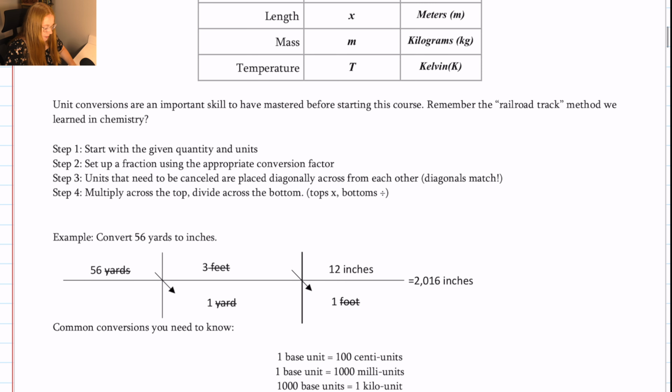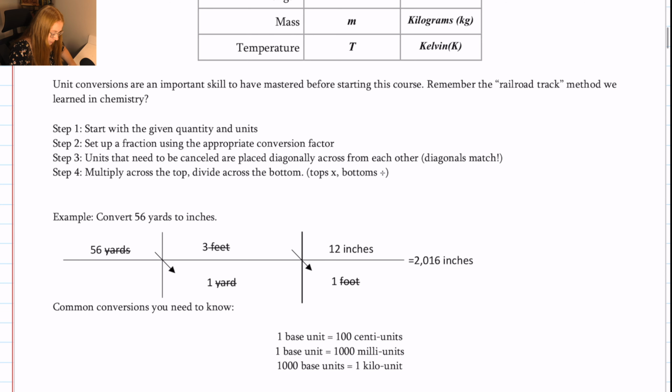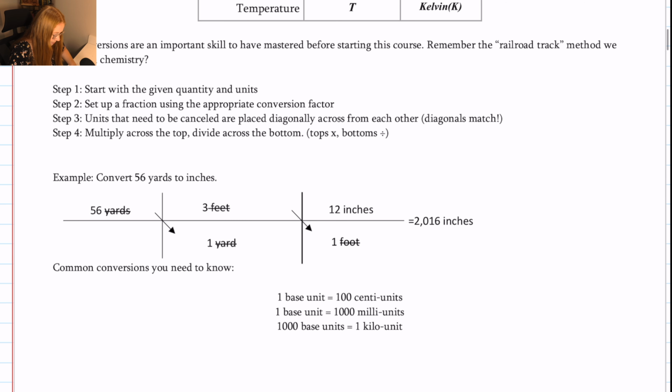Okay, so if you do need to convert a unit, you're going to have to use the railroad track method, right, that we learned in chemistry. So step 1, start with a given quantity in units. Step 2, set up a fraction using the appropriate conversion factor you need. Step 3, the units that need to be canceled are placed diagonal across from each other, and then you're going to multiply across the top and then divide by the bottom numbers.